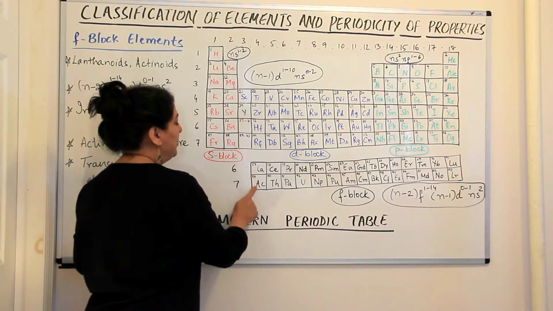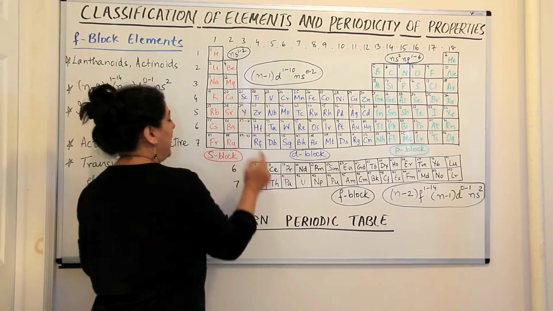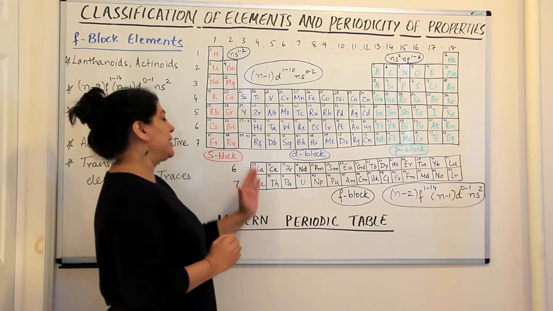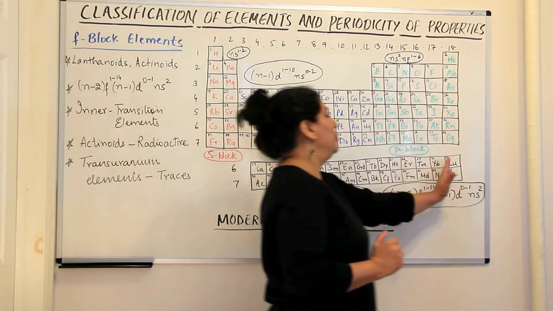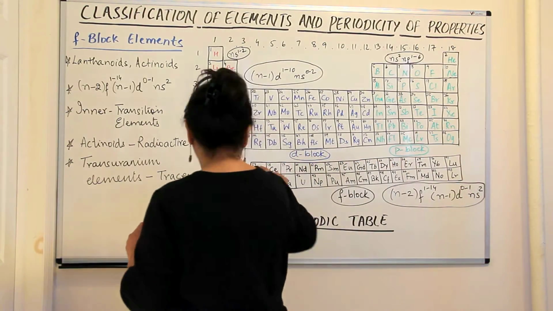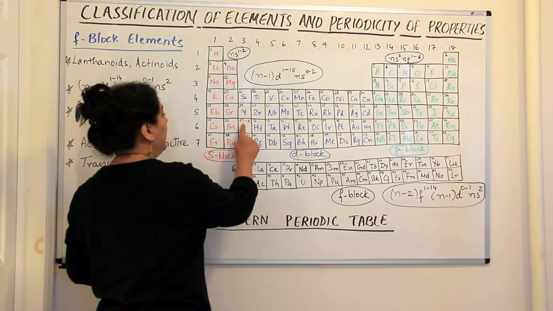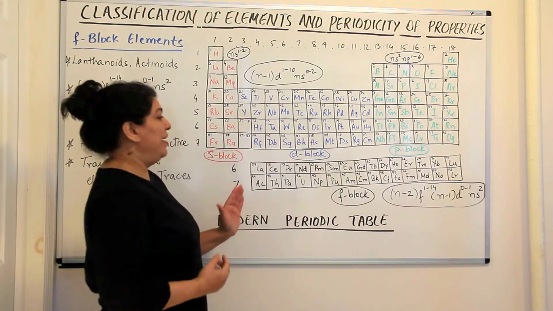Although the first two elements here, lanthanum and actinium, should be here, the F orbitals are actually being filled up from cerium and thorium to lutetium and lawrencium. So you could say lanthanum and actinium are the D block elements, and the rest are the F block elements.